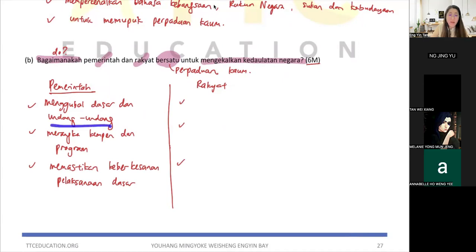Since we talk about undang-undang, just now some of you said, I overlooked it. So you can say that we need to follow the rules also. Correct? So yes, we need to follow the rules and we need to use the bahasa kebangsaan.